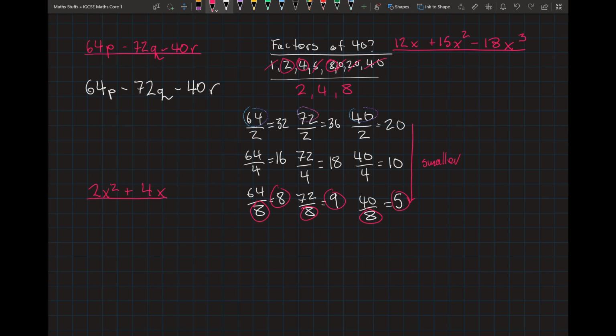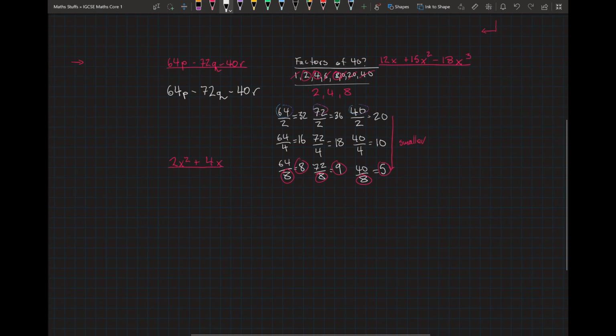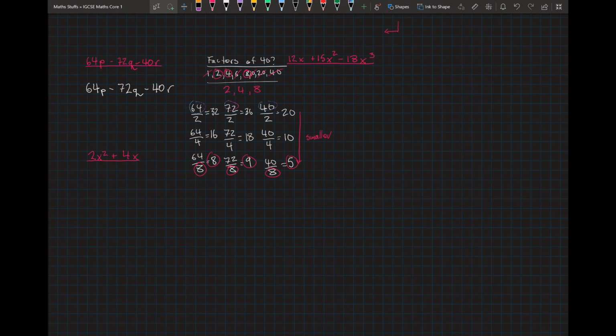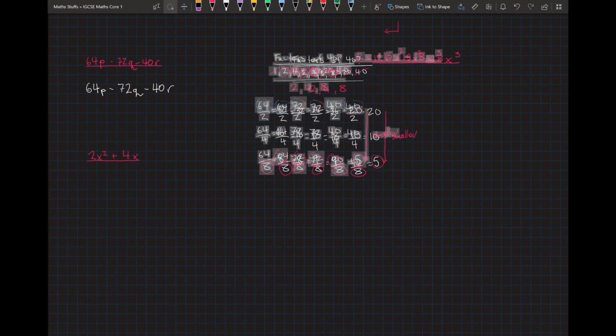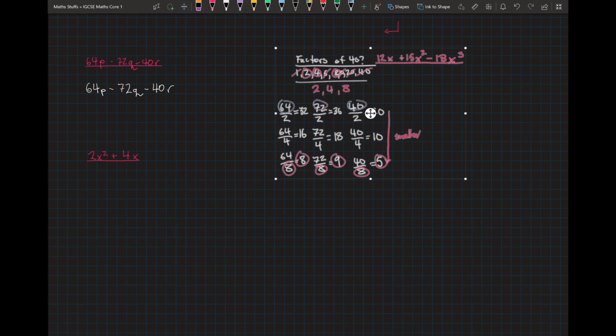Alright, so I've kind of messed up my space here, let me move this over. That should be okay. This one we'll do later.